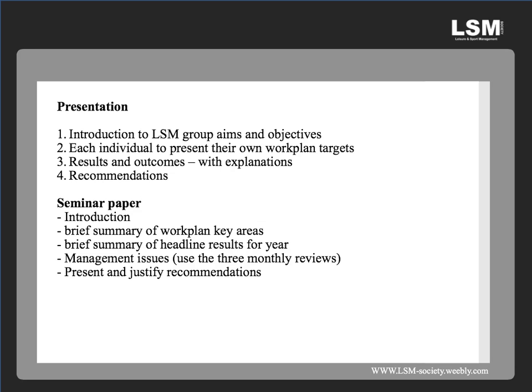Again, you've had 3 months worth of management issues with all the referencing that you've used previously. Pick out the consistent and major issues. There may be other issues that you think are less important. Leave them and just focus on the issues and recommendations that will actually make the most difference to the group next year.